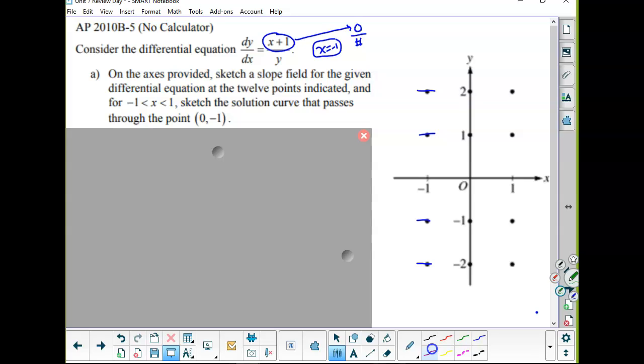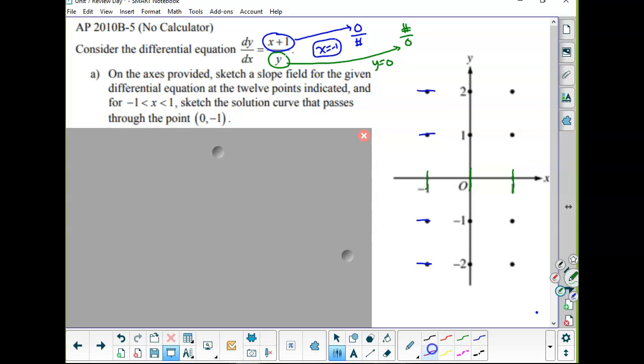Then I'm going to look at when do I have undefined slopes? So I have a number divided by 0. Well, that's when the bottom is equal to 0. What makes the bottom equal to 0? Whenever y is 0, I will have undefined slopes, which means I'm going to leave these blank, which I recommend, but if you drew a vertical line in there, that also represents an undefined slope.